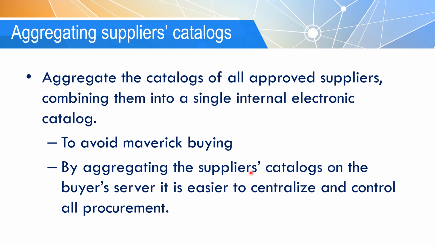And by aggregating the supplier catalog on the buyer server, it is easier to centralize and control all procurement. Then we can control who the suppliers are. Usually the suppliers whose catalogs we keep are suppliers we have dealt with before, and we know them.